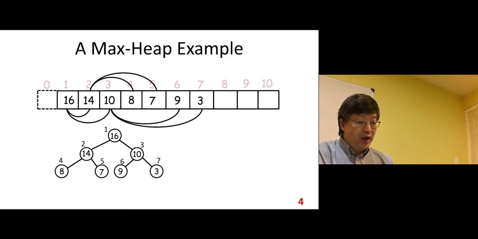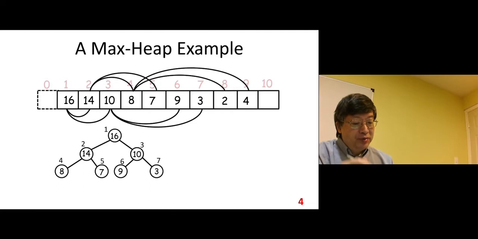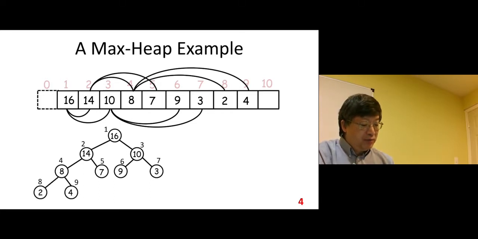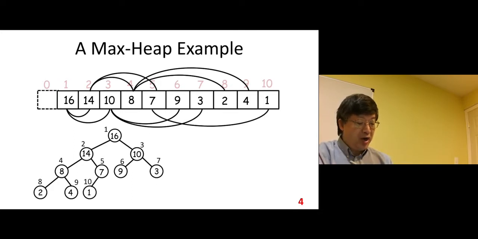All satisfy the max heap property. Then node 4, 2 child nodes like this with max heap property. And node 5, 1 child node. So you can see the representation is very straightforward.